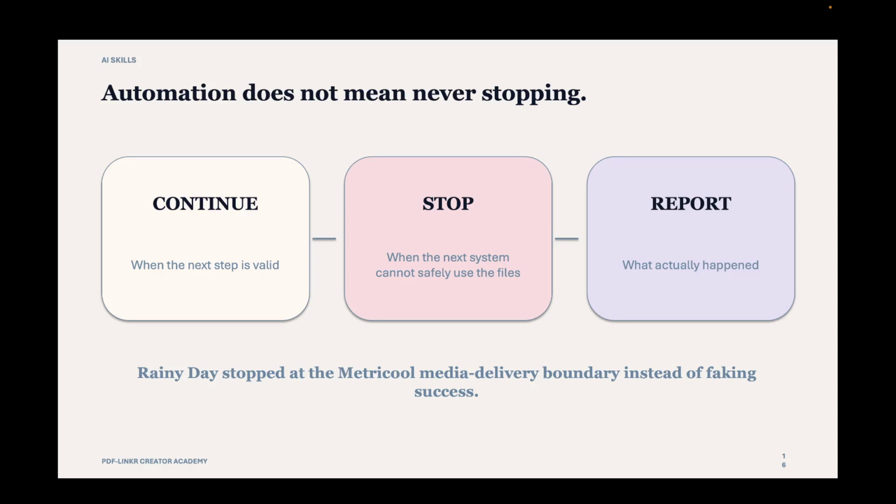For example, the autonomous test that I did yesterday, the rainy day test, it stopped at the metrical part because I did not give it the correct instructions to upload all of the media files to the Google Drive and schedule it. So it did give me a report on what it stopped at, which was great. It said, hey, here's where we stopped because I didn't have this information for you.